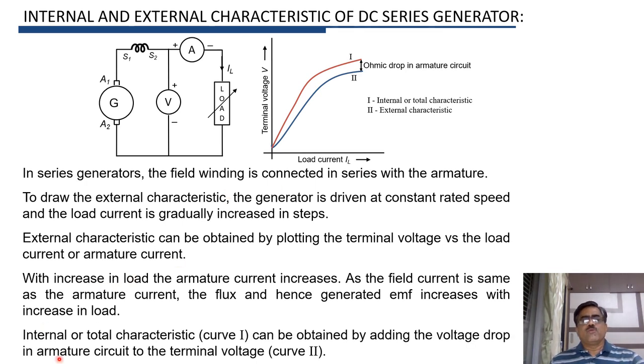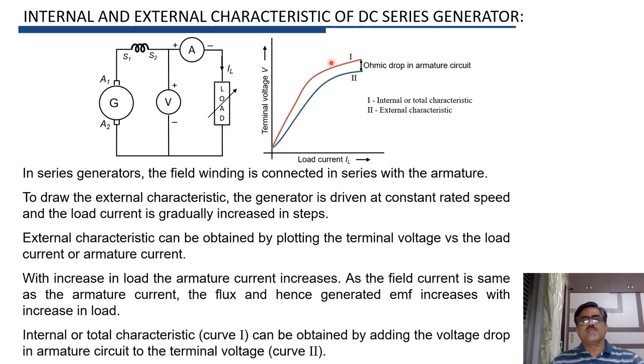Now, if we want to plot internal characteristic, we have to add the ohmic voltage drop in armature circuit, that is IARA, to the external characteristic. If IARA drop is added to curve 2, the external characteristic, we will get the internal characteristic, that is the characteristic between the induced EMF in armature E and the armature current IA.